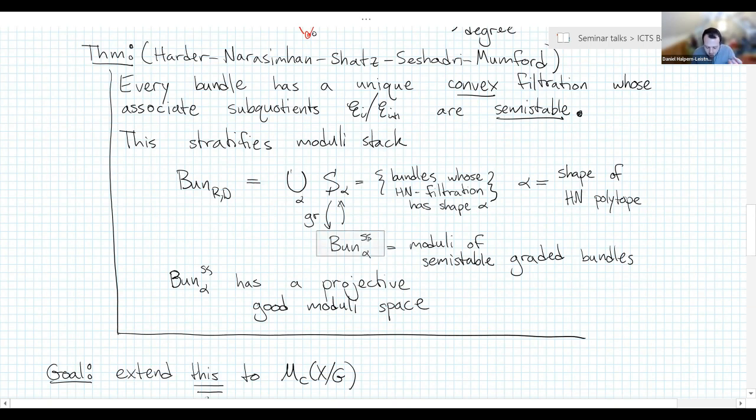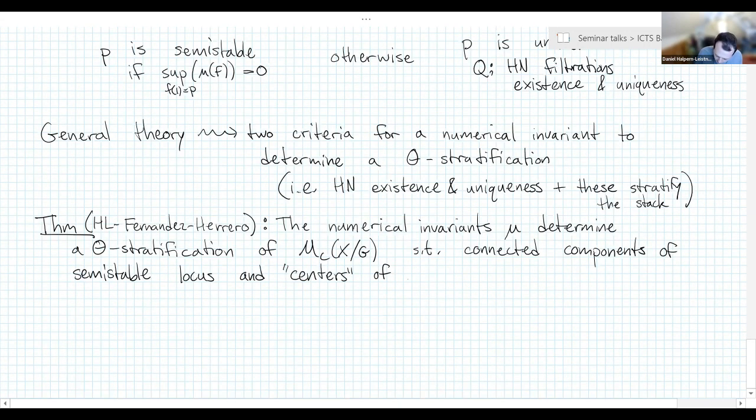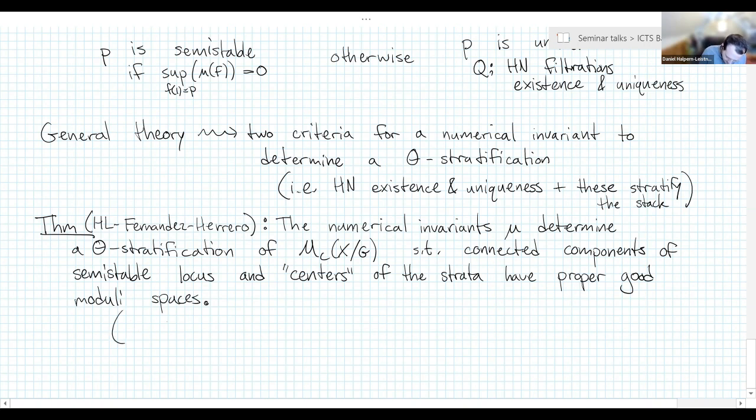By the center of the stratum, I mean this kind of smaller moduli problem that they fiber over, which is sort of the associated gradients of the filtrations. So the semi-stable locus and the centers of the strata have proper good moduli spaces. And I should say, in fact, projective.